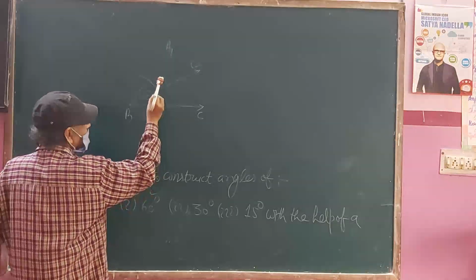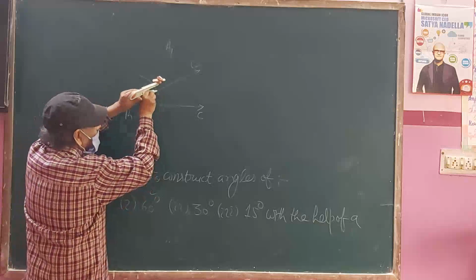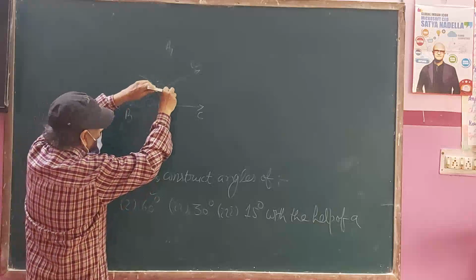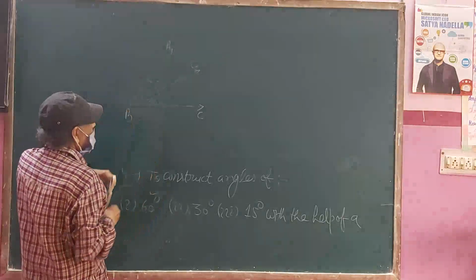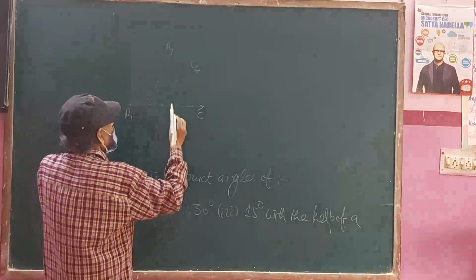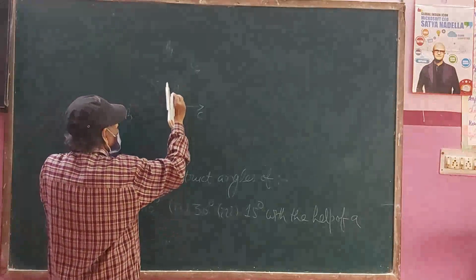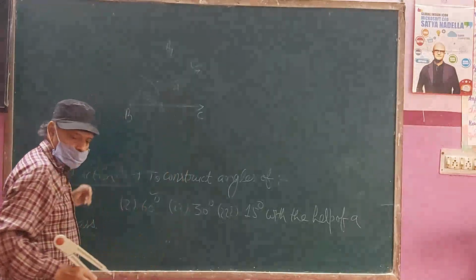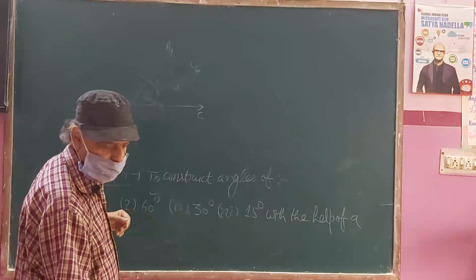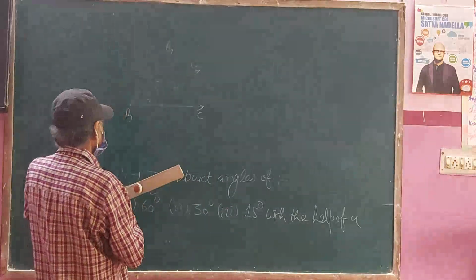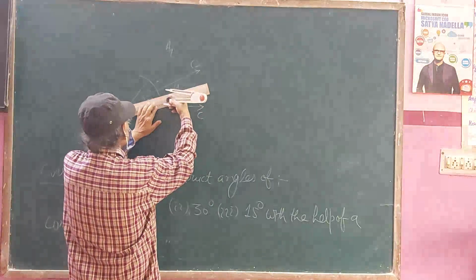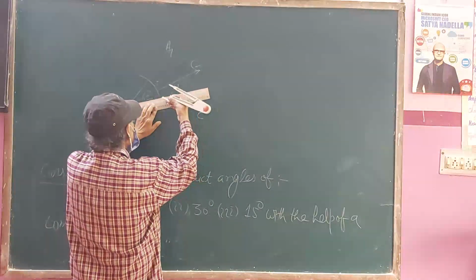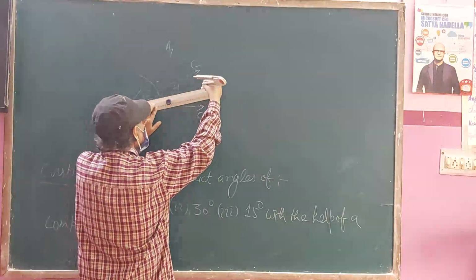First at D, then at F. Another point will be generated. Let this point be H. Join GH, BH. Join BH. This angle will be 15 degree.